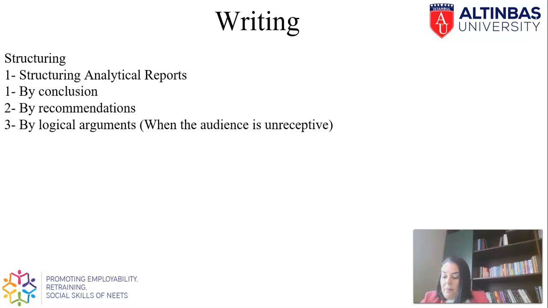These are useful for convincing skeptical readers that your conclusions and recommendations are well-founded. In order to prove that they are well-founded, you can use either the 2 plus 2 is 4 approach, the scientific approach, or the yardstick approach.